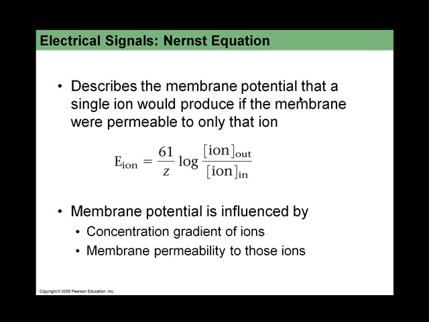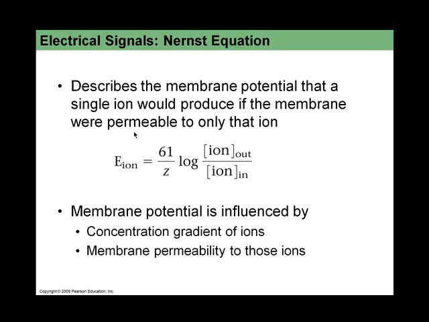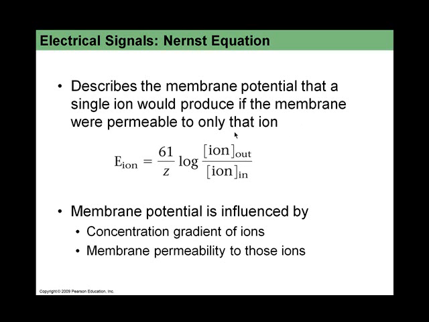So this describes the membrane potential that a single ion would produce if the membrane were permeable to only that ion. So we don't take into account the degree of permeability to the ion in this formula because we are considering it to be absolutely permeable, if you will, right?